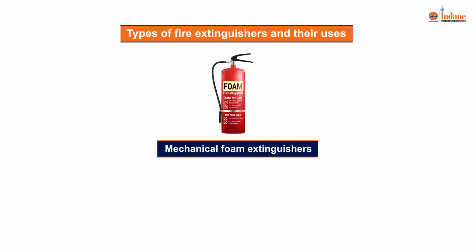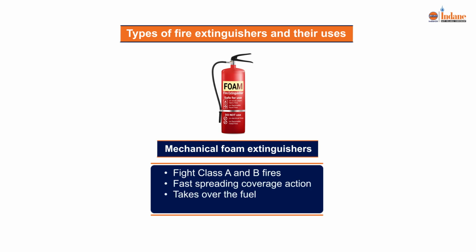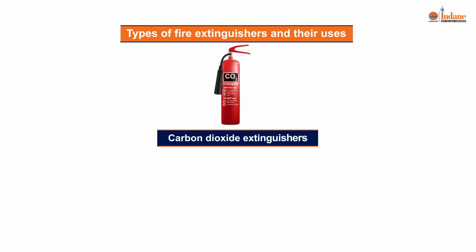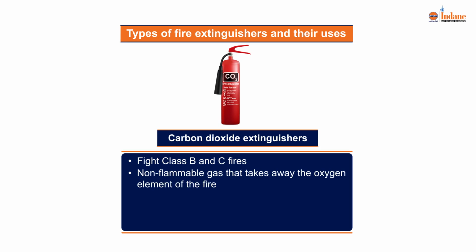Mechanical foam extinguishers are used to fight Class A and B fires. Due to its fast-spreading coverage action that takes over the fuel surface, it results in fast extinguishment. Carbon dioxide extinguishers are used to fight Class B and C fires. Carbon dioxide is a non-flammable gas that takes away the oxygen element of the fire.